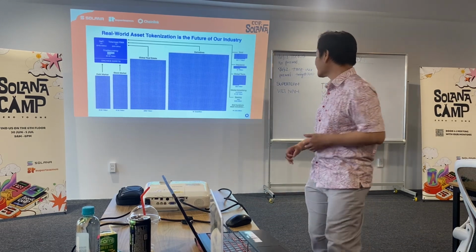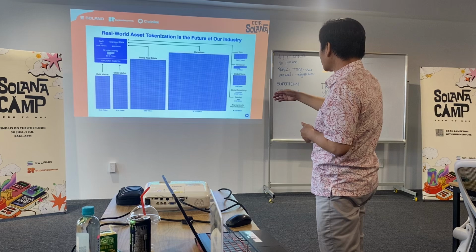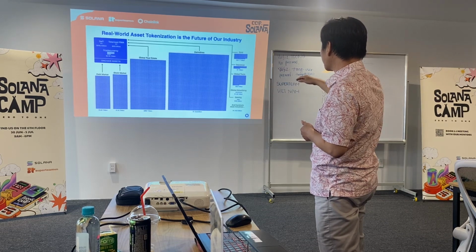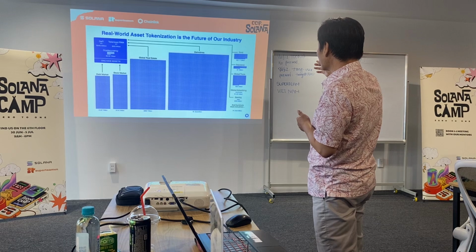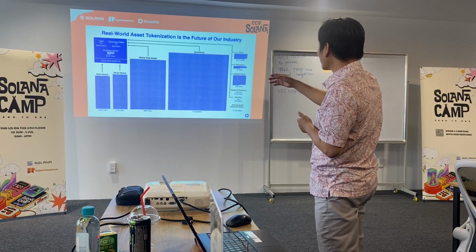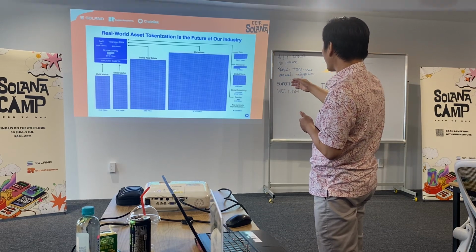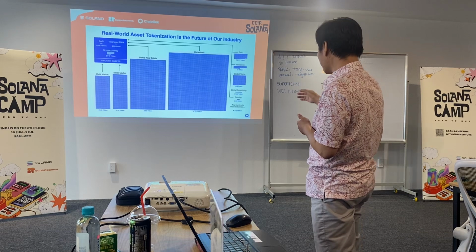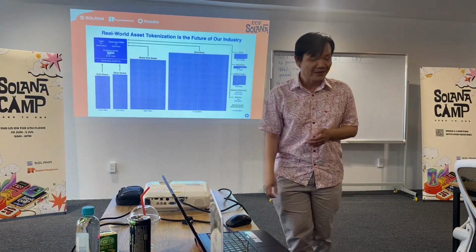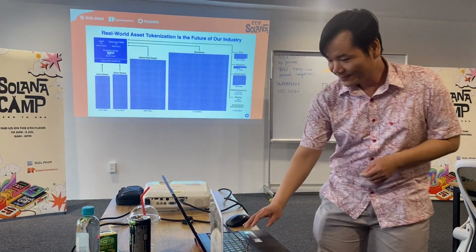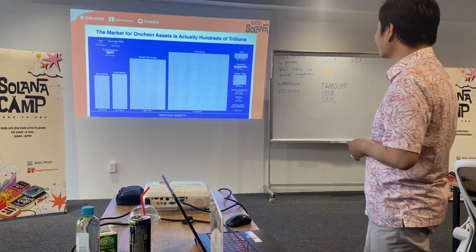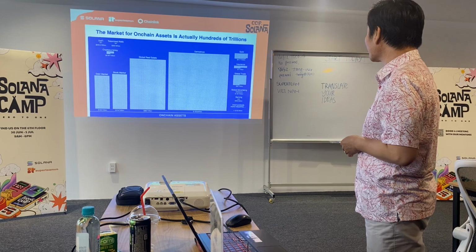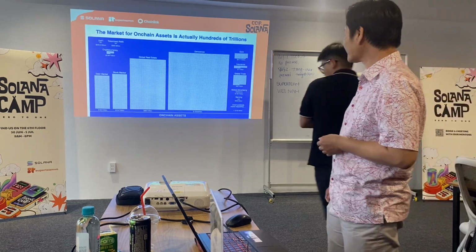The investment is projected to grow from 100 trillion to 1 trillion in the future. You see that's a big value, right? And here is the on-chain asset. We can see the graphic.